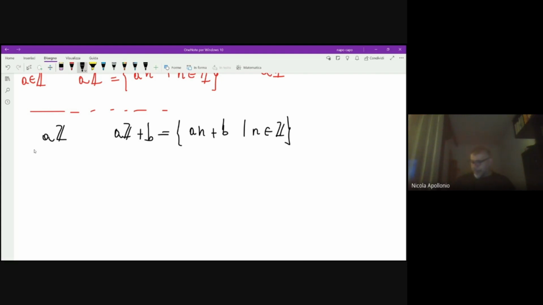So, for instance, what is 3Z plus 1? It is simply 1 plus, sorry, I inverted the order, but thanks to commutativity, I don't care about that.